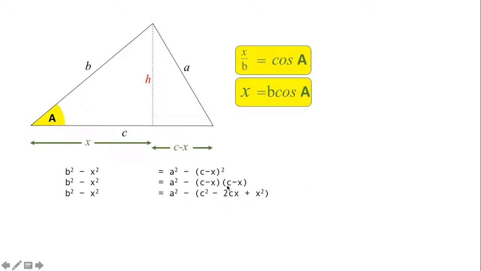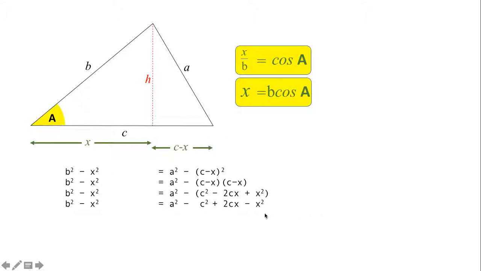The c times c gives me c squared, the c times minus x and the other minus x times the other c give me minus 2cx, and minus x times minus x gives me x squared. Now I put that all in brackets because it had a minus in front of it, so I've got to remember that it's minus all of that. Without the brackets, it's minus c squared, minus minus 2cx makes plus 2cx, and minus x squared.